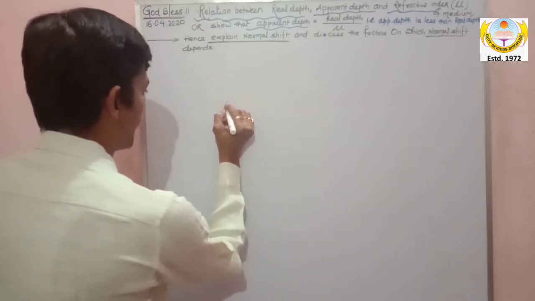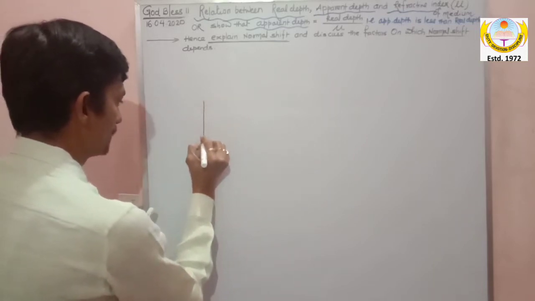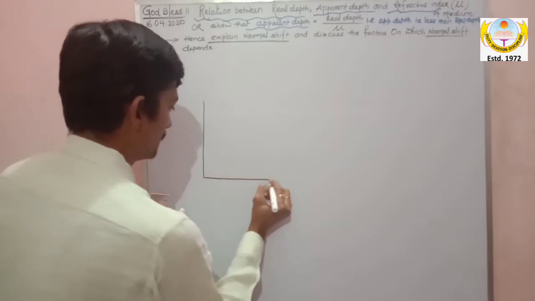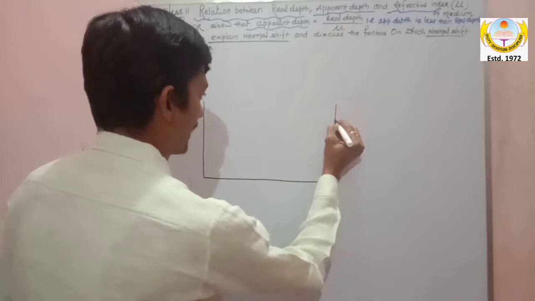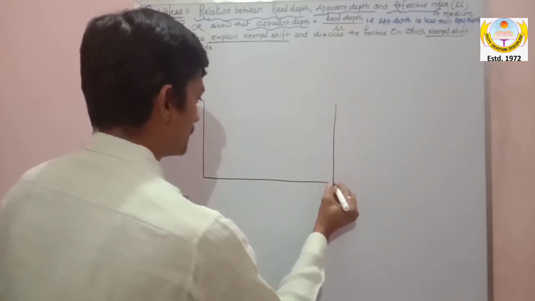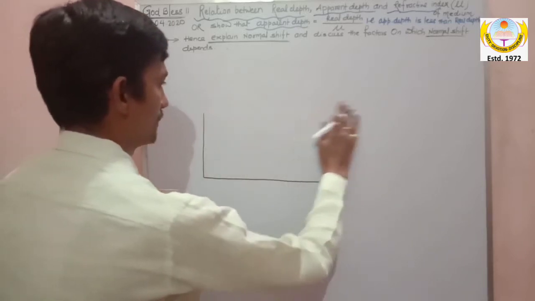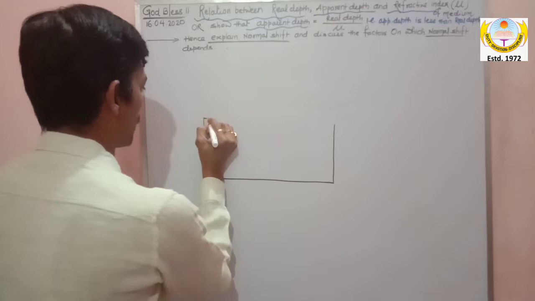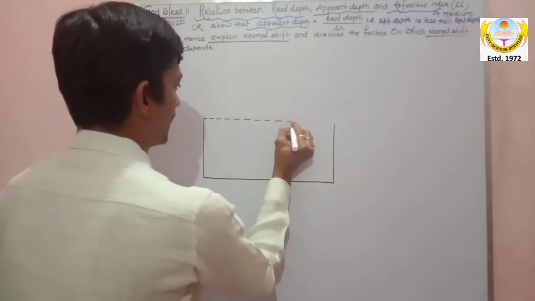See, here I have taken the beaker. Draw a little longer. And say I am drawing here the surface of water. This is water surface in the beaker.